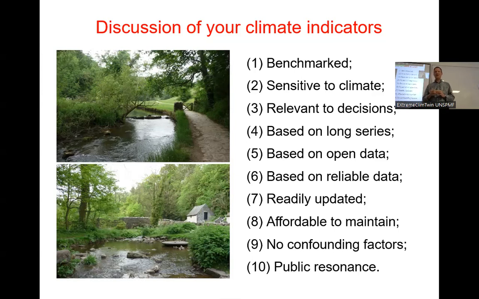Yeah, we know physiologically what temperatures and humidity cause certain symptoms or impact people's ability to work or function. So those things are known. The answer is sensitive to climate, relevant to decisions, based on reliable data, there are some, and public resonance. Excellent. Thank you very much, VM. That's a really good one to contribute.